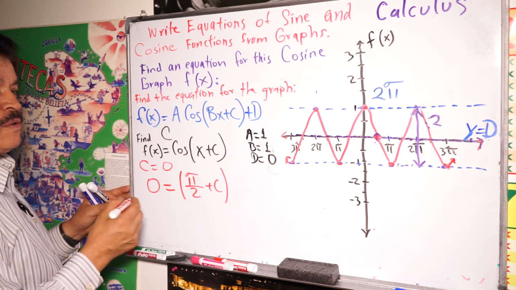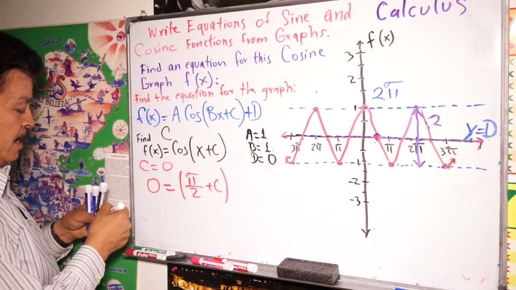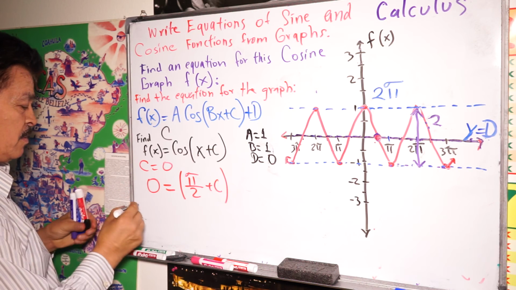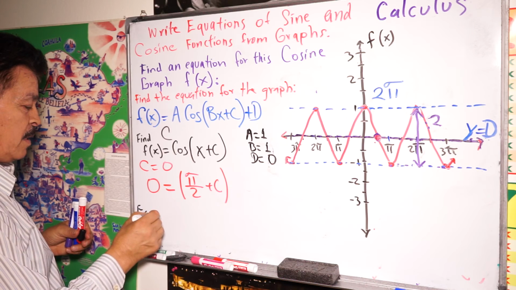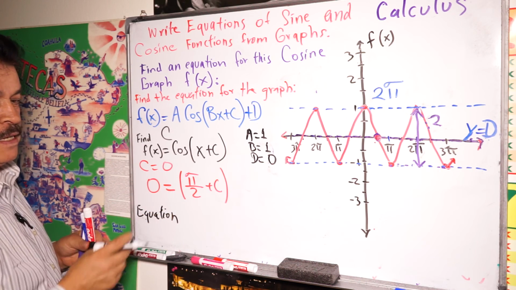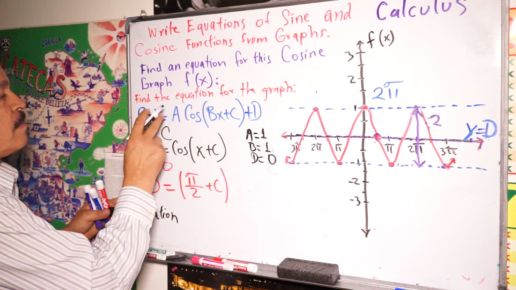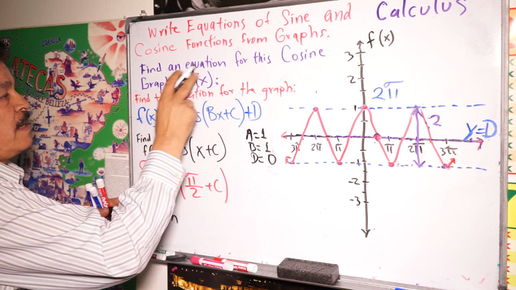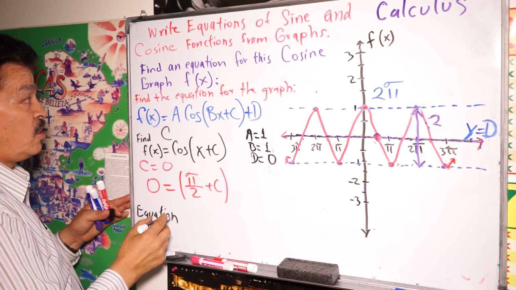So the equation of the graph, in conclusion. This is finding an equation for a cosine graph.